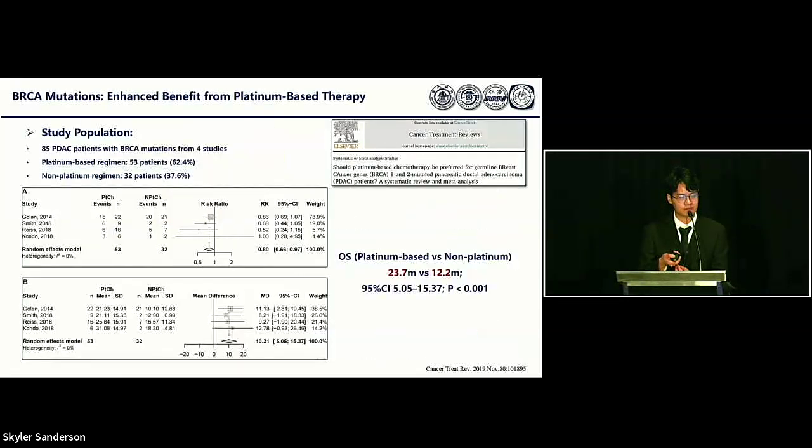A previous meta-analysis has proven that BRCA mutation, a key gene of the DDR signaling pathway, was correlated with platinum-based treatment efficacy. Among 85 PDAC patients with BRCA mutations, those who received platinum-based treatment achieved more significant survival benefits compared to those who received non-platinum-based treatment.